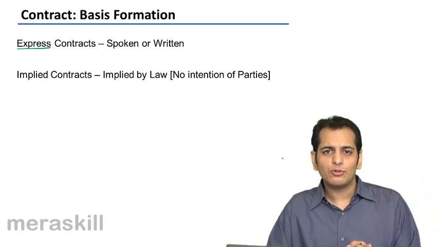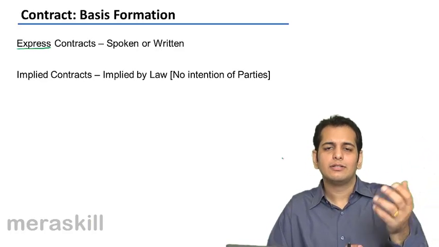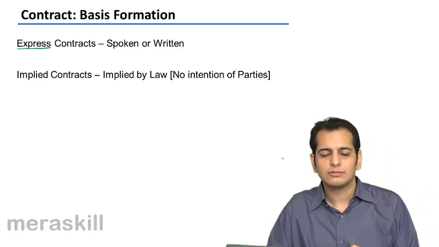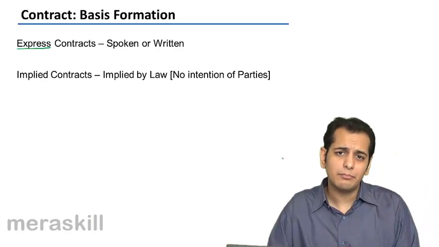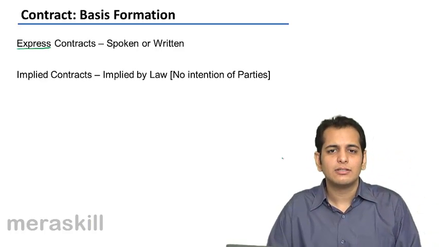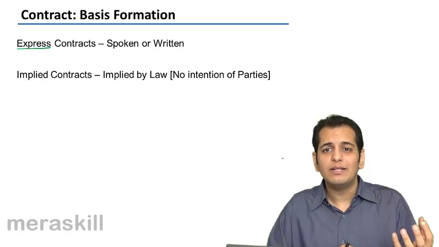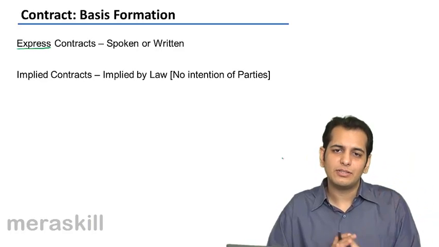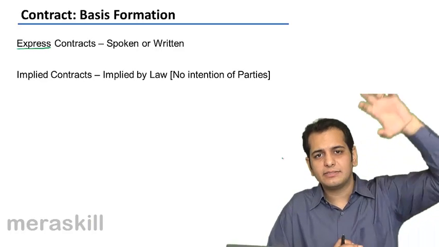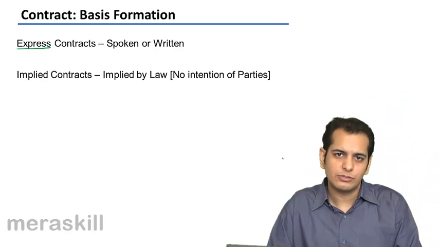You sit in an auto rickshaw, the rickshaw driver just puts the meter down and starts. This is again an implied contract. When the rickshawala is plying his rickshaw, that means he's willing to take any passenger that comes and sits in the rickshaw, and he'll take that passenger wherever the passenger wants.